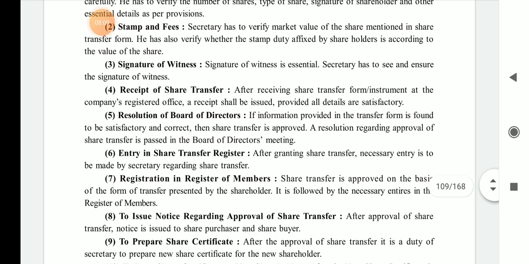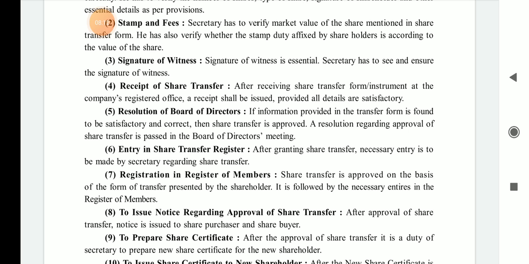See, if approval of the share transfer is generated in the company's meeting, at that time the company goes for the further procedure and makes it very perfectly, and the transfer is passed, and the entry should be made in the share transfer register.